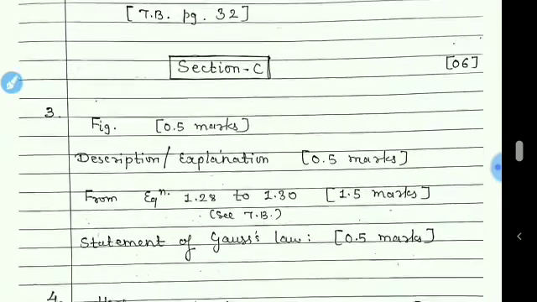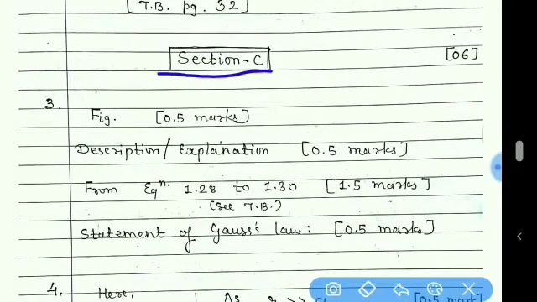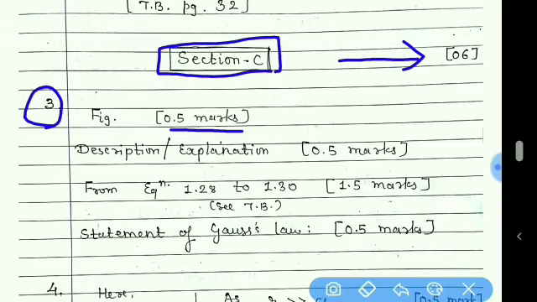Section C, each question carries 3 marks and there are such 2 questions, so total 6 marks. Now in question number 3, there is a figure which carries 0.5 marks. Description related to figure and the situation, again 0.5 marks.